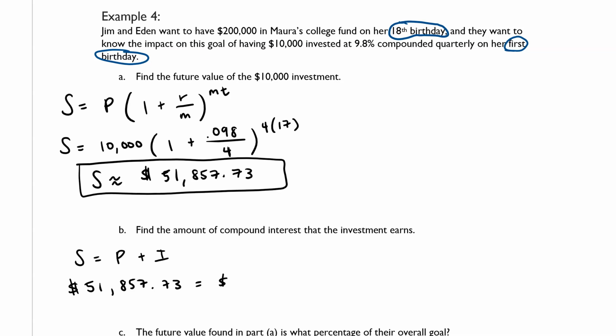And we know that the principal amount is $10,000. So if we wanted to solve that for I, then we would just subtract the future value by $10,000. So then the amount of compound interest would be $41,857.73.